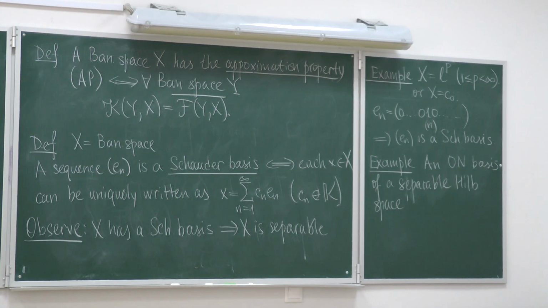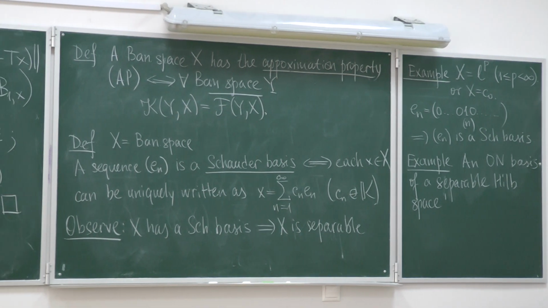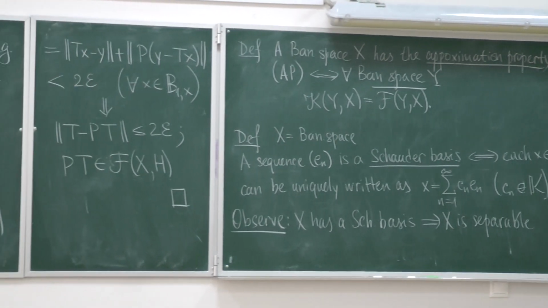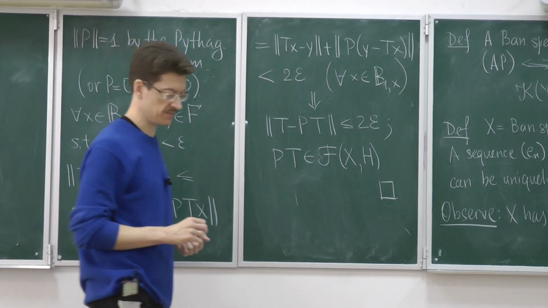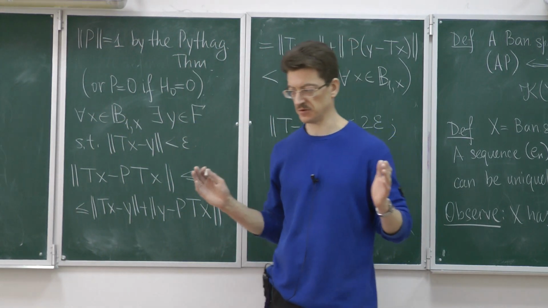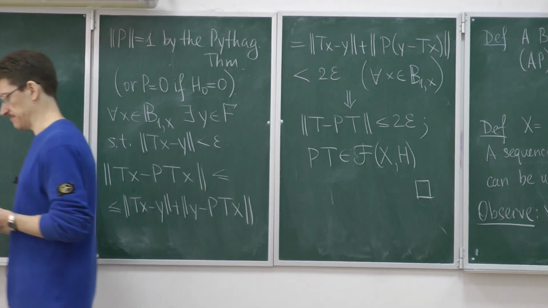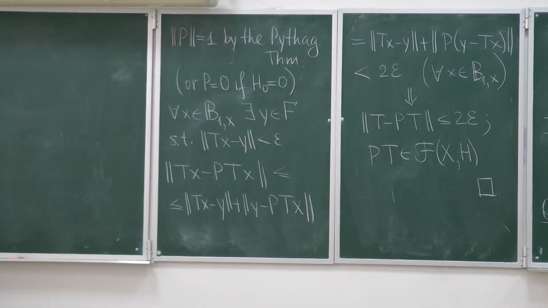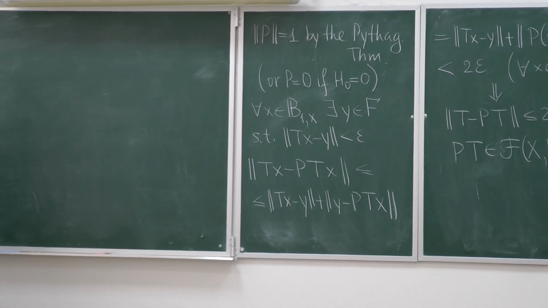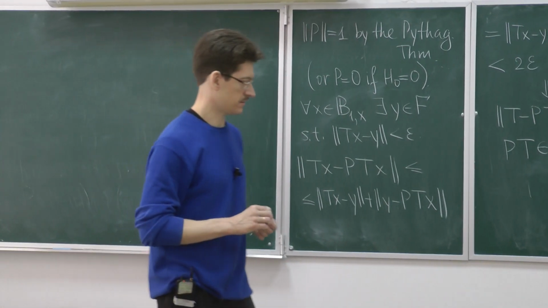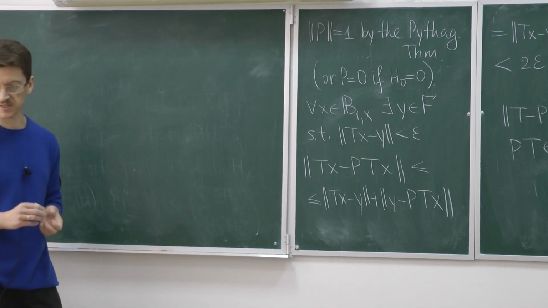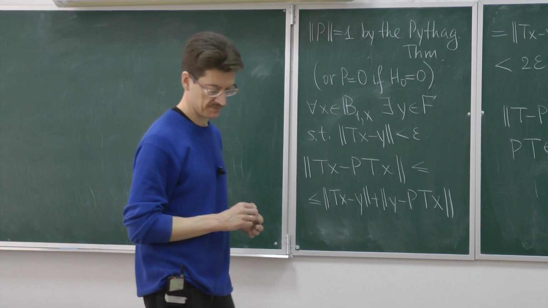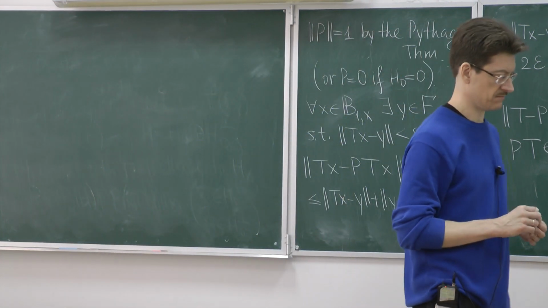In fact, many other classical separable Banach spaces have Schauder bases. For example, if we take the big L^p space, where p is bigger than 1 but less than infinity, on a closed interval of the real line, then the trigonometric system is a Schauder basis. This result is due to Marcel Riesz, a brother of Frigyes Riesz, who introduced compact operators. This fails for the big L^1 space due to some results of Lebesgue.